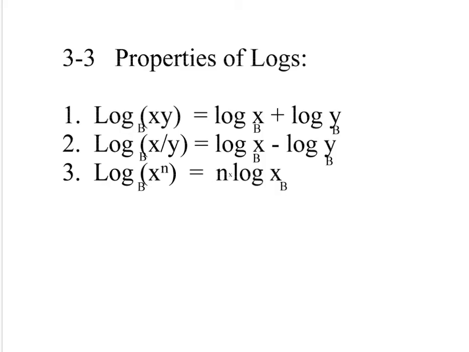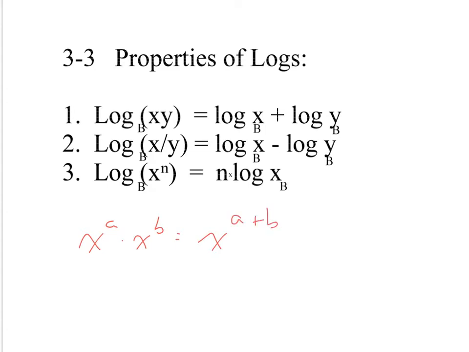Alright, there are three basic properties of logs, and these all have to do with the fact that logarithms are really just exponents. You know, if we multiply two exponents with the same base, for example, if I do x to the a times x to the b, you remember now we're going to multiply those, so we add the exponents, a plus b.